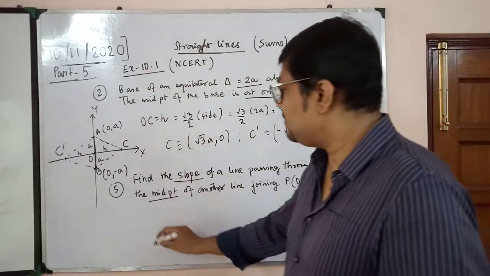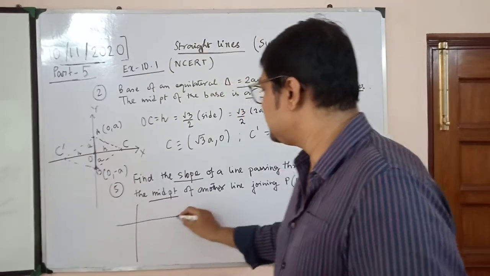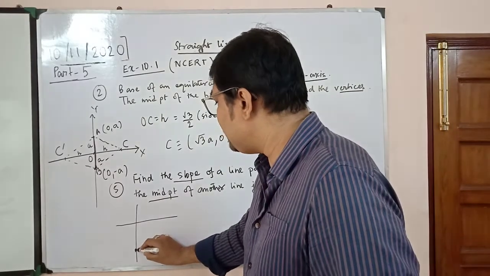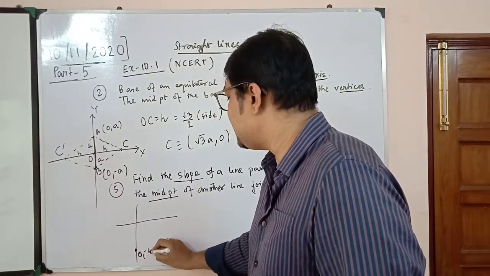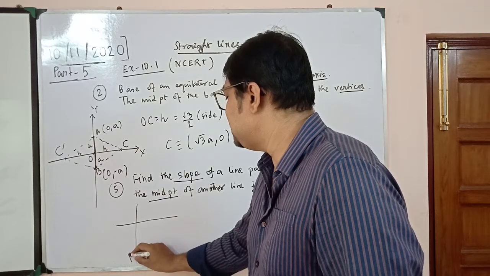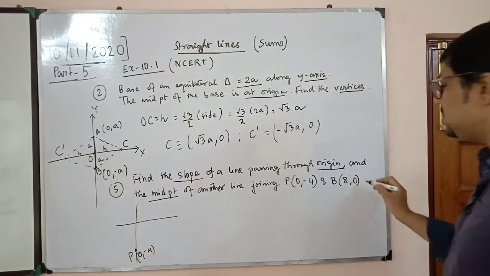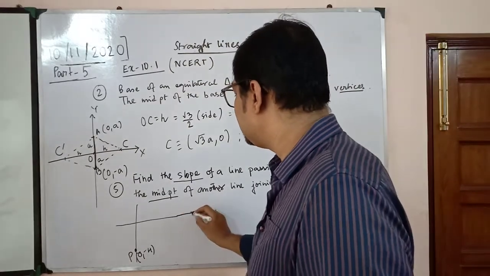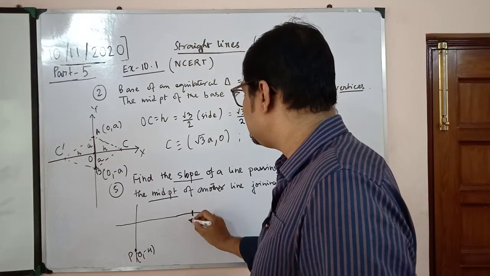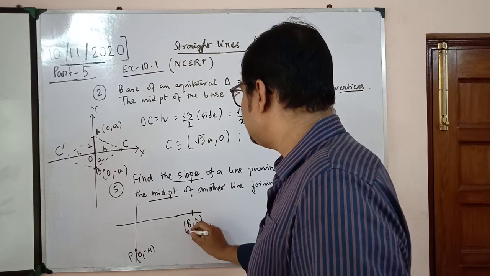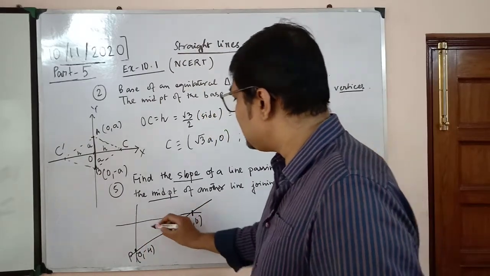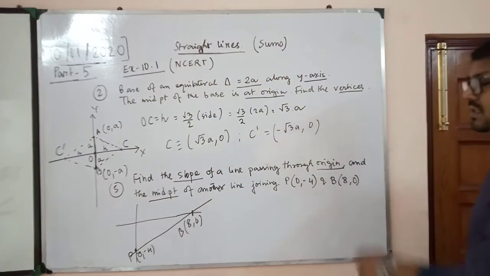If you draw the diagram, it will be kind of this. 0 comma minus 4 is somewhere over here, so this is P. And 8 comma 0 is somewhere around here, which is B. So this is the line given.